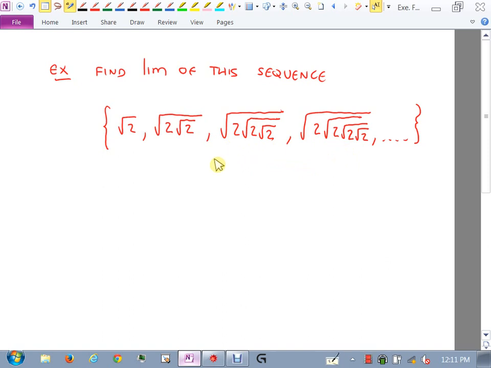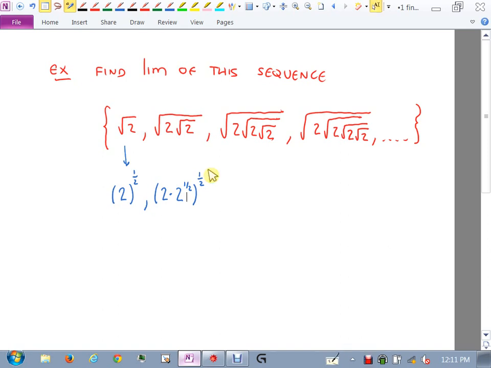But, okay, so here, check this out. I'm going to rewrite the first term here. This is 2 to the 1/2, isn't it? Okay, the next one is, let's see, the square root of the whole thing, right? And then inside, what's inside of that first square root there? 2 times what? 2 to the 1/2 again, yes?